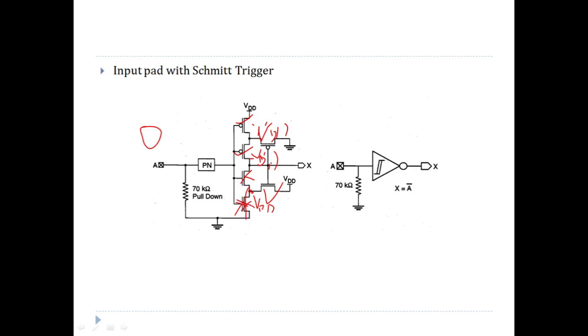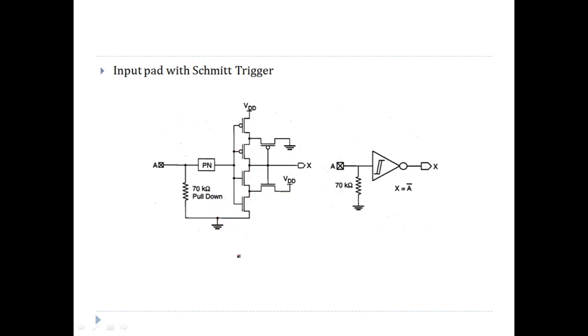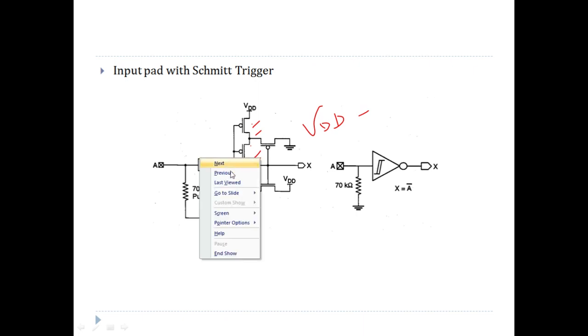So VDD will appear at this input, that is logic 1. It will be treated as logic 1. So basically, it is inverted. The only point we have to consider here is that when it is VDD, actually it won't be VDD, but it will be VDD minus 2 times the threshold voltage of these PMOSes, right? That we must consider.